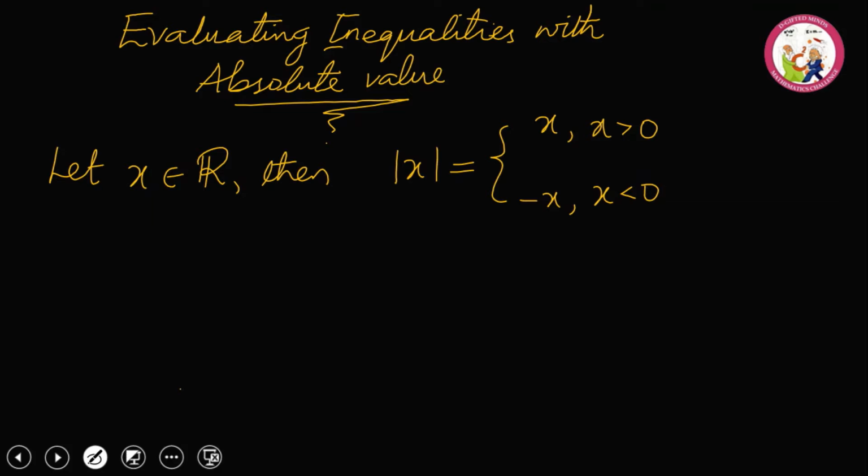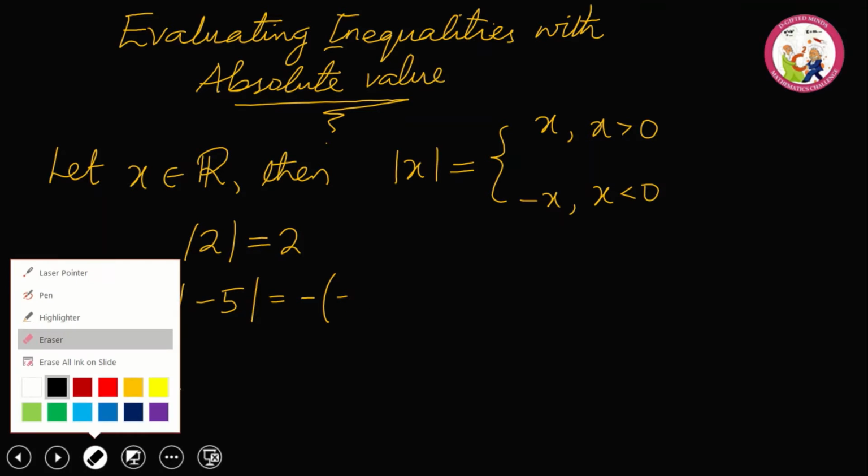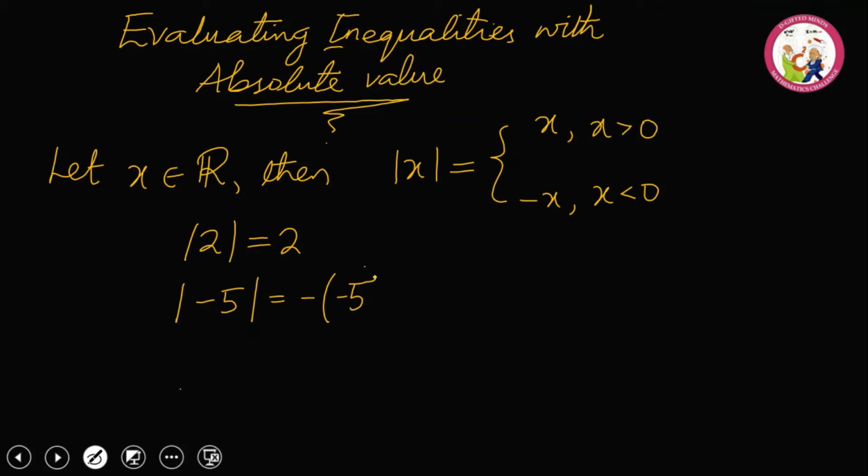What does it mean? It means the absolute value of any real number 2 is equal to 2, since 2 is positive. And the absolute value of minus 5, for instance, will be equal to minus of minus 5. According to the definition, that is positive 5.